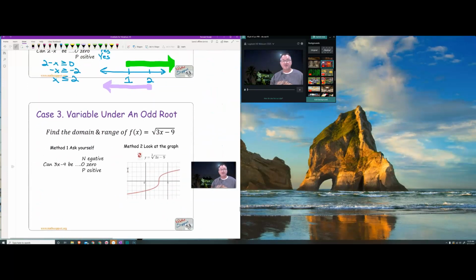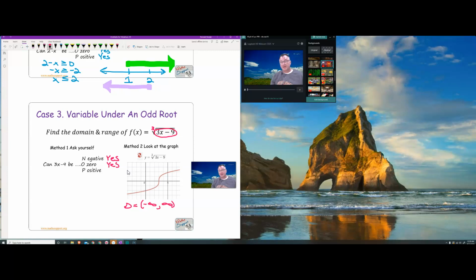Now, if the variable is under an odd root, okay, so there was supposed to be a 3 here, like in this drawing. That's okay. If it's an odd root, your answer for your domain is automatically all real numbers, because you're allowed to have negatives. That expression can be negative. When you plug in the numbers and you get a negative, that's okay because that's an odd root.